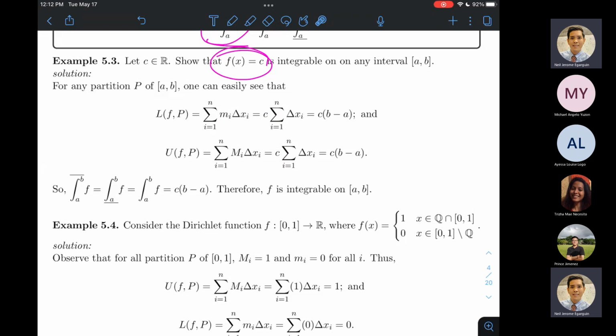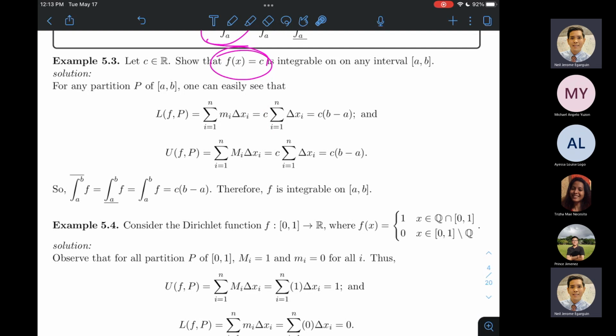Ang mahirap lang naman talaga dito ay yung paghahanap ng maximum at saka minimum o ng supremum at infimum. All right? But since the function is constant, then little m and capital M are both equal to c for any subinterval. Okay? Dahil equal na siya kay c, constant siya, independent of i, pwede siyang lumabas ng summation. So, we get these two guys over here. Tapos, summation ng delta x sub i. Ano nga ba yung delta x sub i? Ito lamang yung haba ng bawat interval. So, this summation is just asking us to compute the total length of the subintervals.